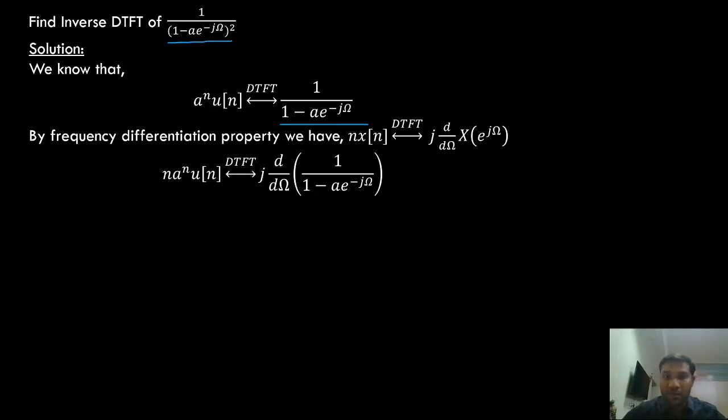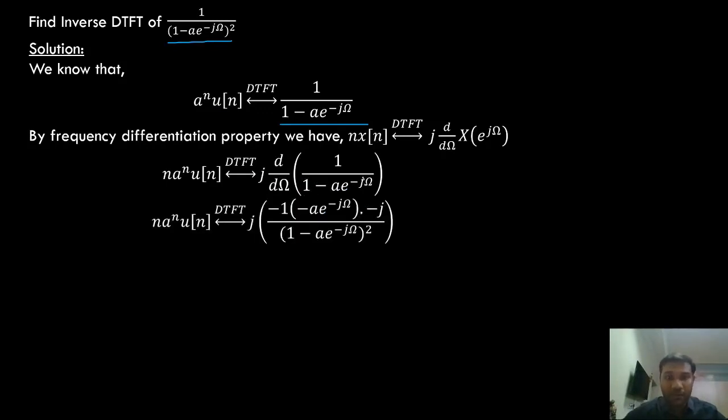So if I take the derivative with respect to omega, I'll have in the denominator 1 minus a into e power minus j omega whole square. And then in the numerator, okay, this is u by v. So differentiation will be equal to v square in the denominator, and numerator v du minus u dv, right?